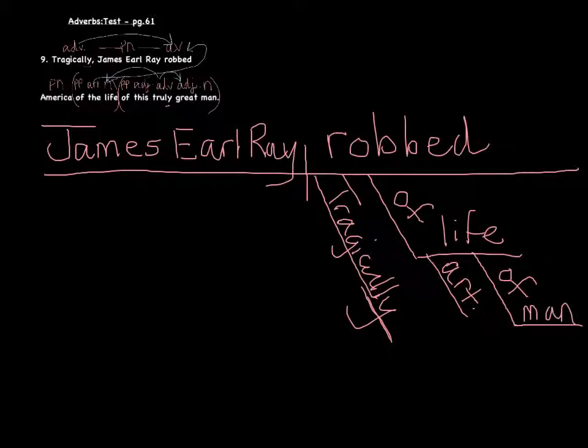Then we look at our modifiers for man, and our first adjective there is this. Our second adjective is great. Now we have that final word, truly. You heard me talk in the other video about the construction called the dog's hind leg. Remember, because we always diagram adverbs off of the word they modify, we have to diagram truly off of the adjective great.